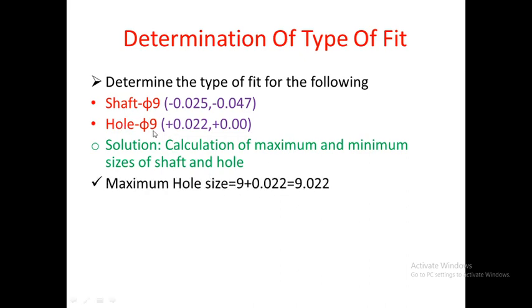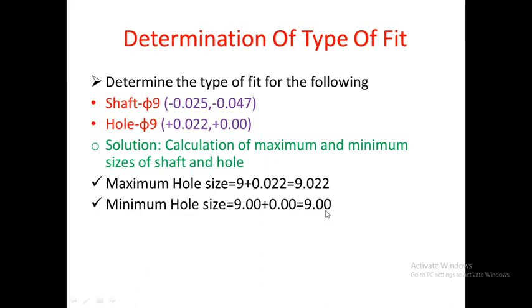From the question you can see that on the upper side the value is plus 0.022, whereas on the lower side it is 0.00. So the maximum size will be obtained when we add 9 plus 0.022, which equals 9.022. So maximum hole size is 9.022. Now we will determine the minimum hole size. Minimum hole size will be equal to 9 plus 0.00, so 9 plus 0.00 equals 9.